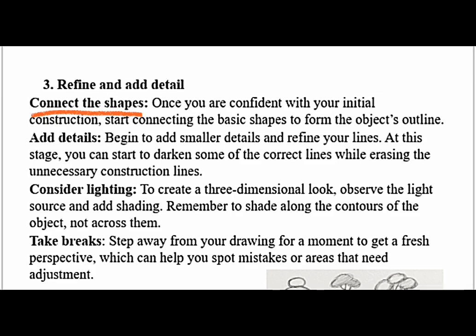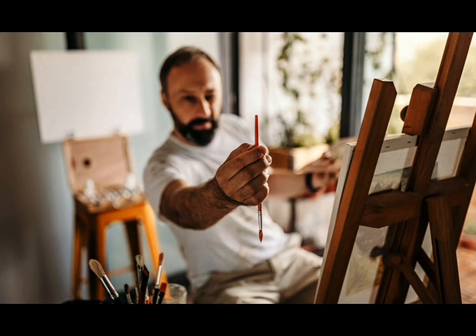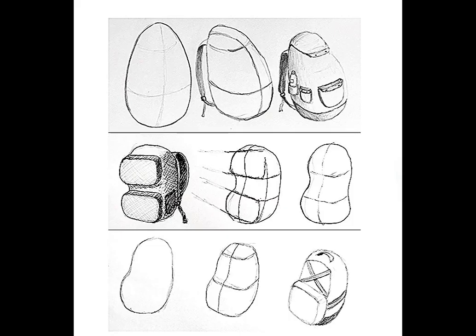To add details to your lines, you can use line weight. To determine your line weight easily, find your light source and shadow, because this is crucial to form your line weight properly.